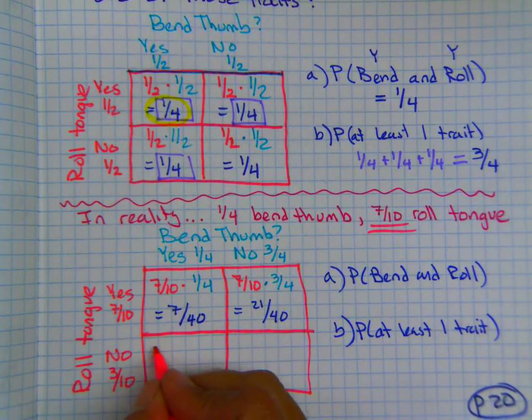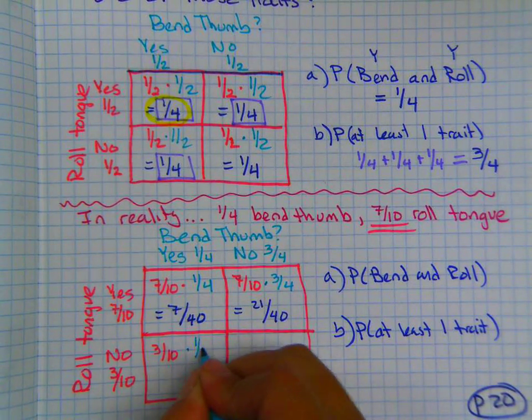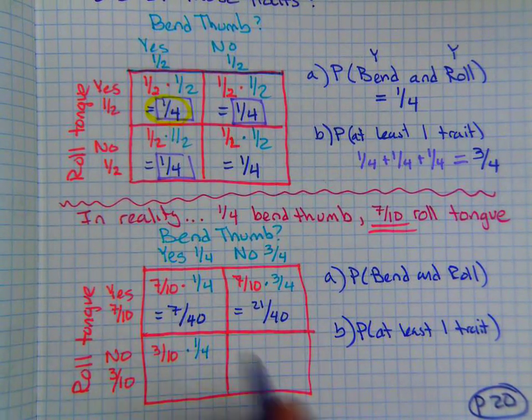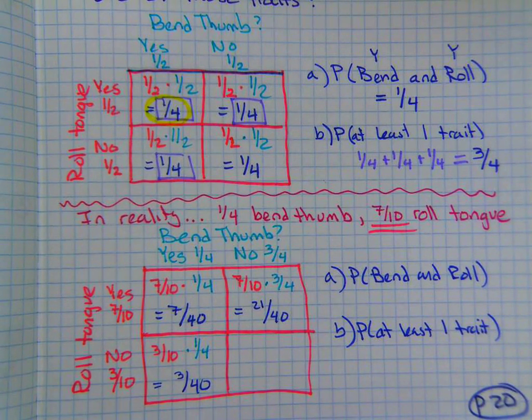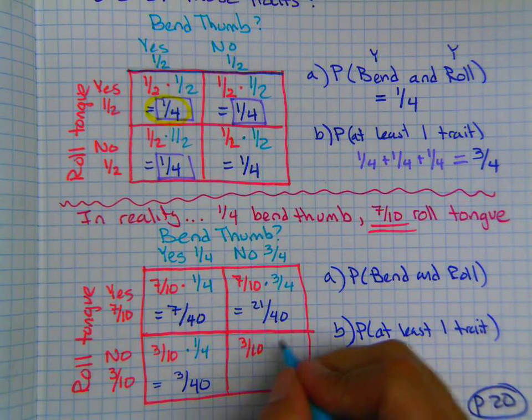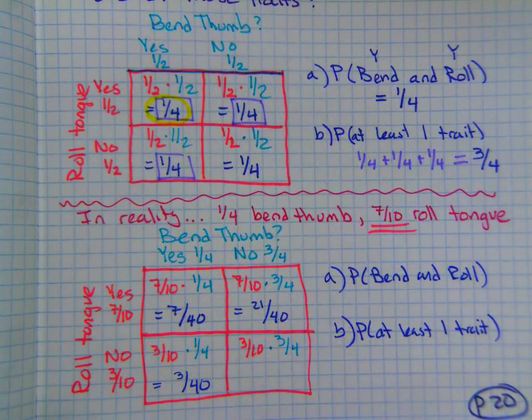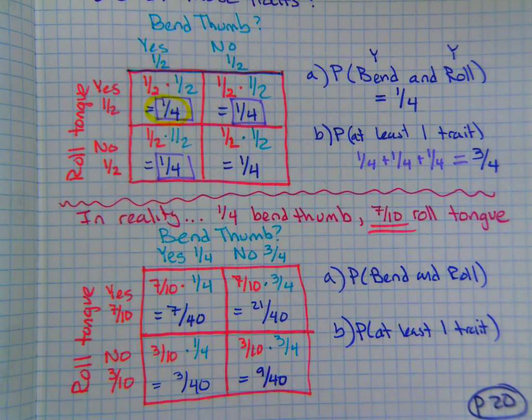This is going to be 3/10 times 1/4, which is equal to 3/40. And then finally 3/10 times 3/4, which is 9/40.